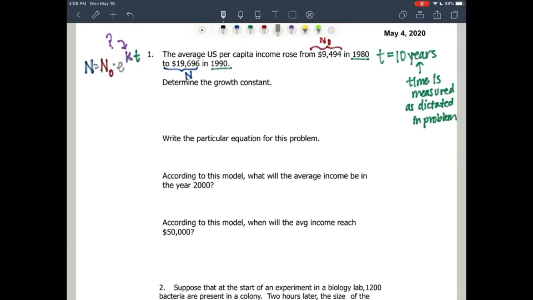Remember that e is a constant. So let's plug it all in. So we've got 19,696 is equal to 9,494 times e raised to the K times 10 power. We're going to divide both sides by 9,494.